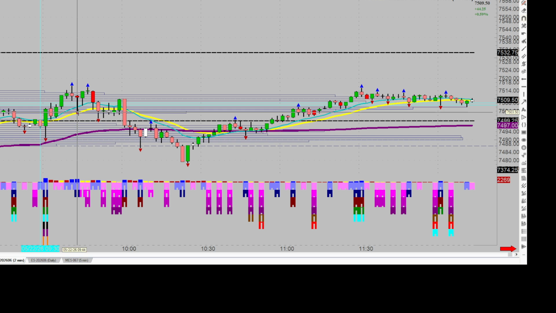In fact, I was long. But what I did on the exit was I would have stepped it up after the two blues. I'd have moved it up here to the bottom of the 9:46 candlestick, and then finally moved it up to the 9:48 bottom candlestick, and I would have been stopped out at 9:50.